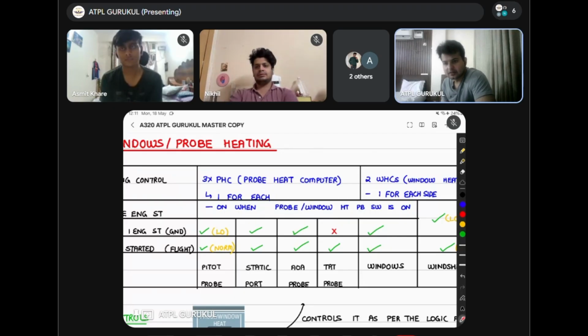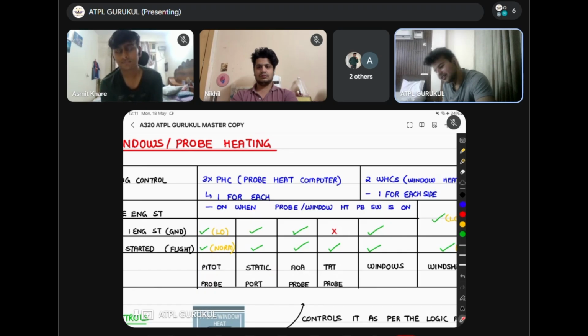Passengers are deboarding, you don't want probes heated, it's a waste of time, right? So what do you want? Now let's say one engine is started. Would you heat the pitot probe? Yes. Would you heat the static probe? No problems. You would heat the angle of attack, okay, but you would never heat the TAT probe. टेम्परेचर ही सेंस कर रहा है, उसको थोड़ी ना हीट करेंगे.